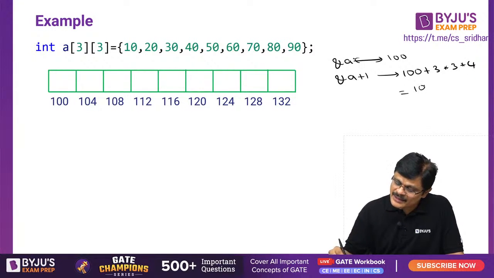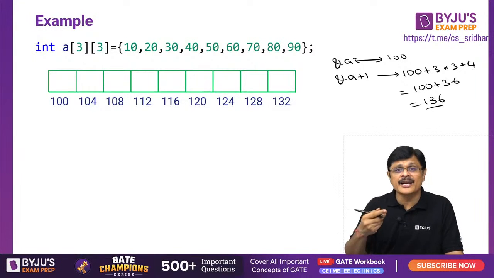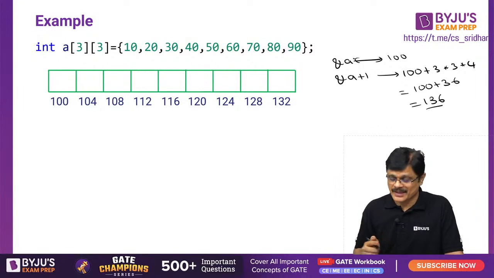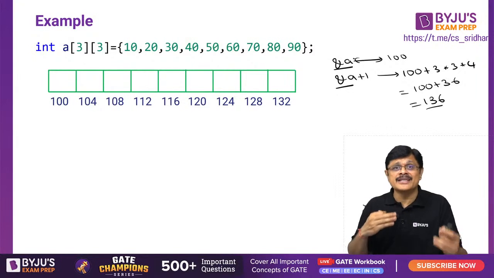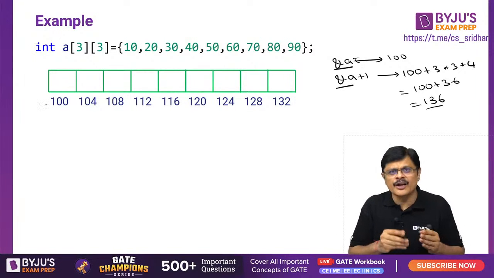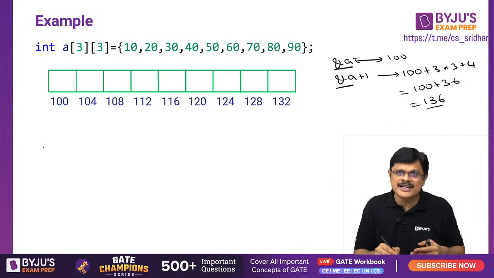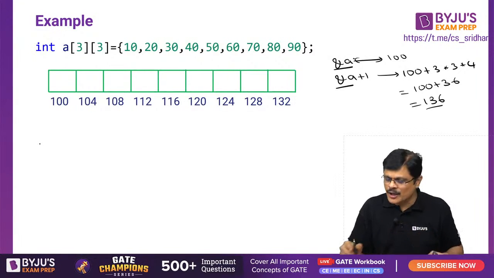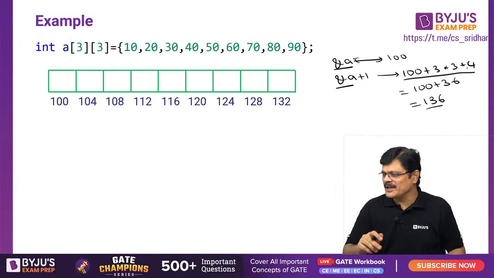That is 100 plus 9 times 4, which is 36. So this is the starting address of the next 2D array, my dear friend. So if &A is 100, &A+1, the starting address of the next 2D array, is 136, which is the next memory location address. Or directly with simple mathematics you can do it.